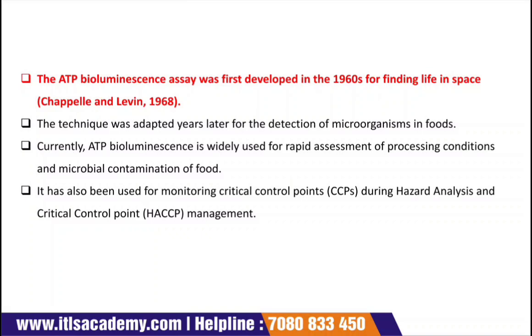Currently, ATP bioluminescence is widely used for rapid assessment of processing conditions and microbial contamination of food. So whenever an industry wants to check the processing condition, or the microbial contamination of food, or the presence of microorganisms in food, ATP bioluminescence is used.